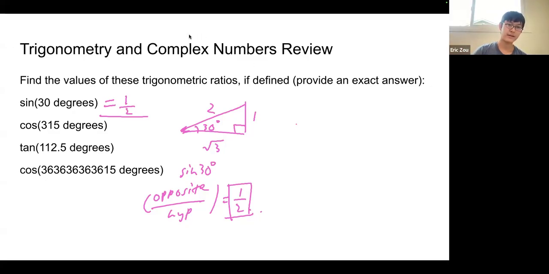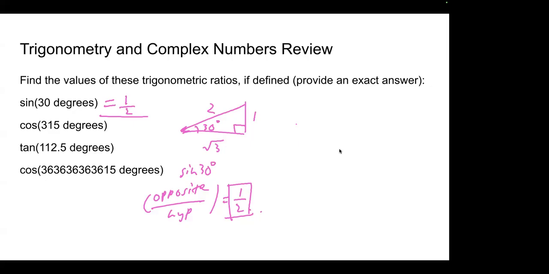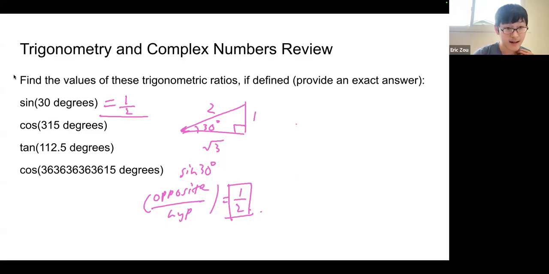Do you know what's cosine of 315 degrees? Root 2 over 2. Yeah, that's correct. Well, it's almost the same as the first question, except it's 315 degrees and it's cosine, which is adjacent over hypotenuse.